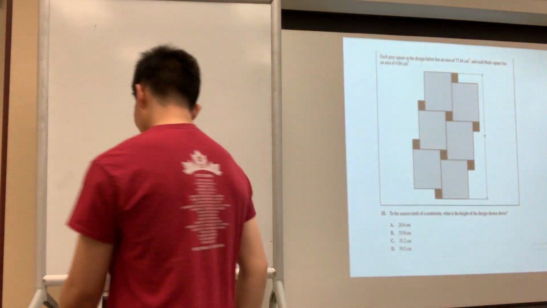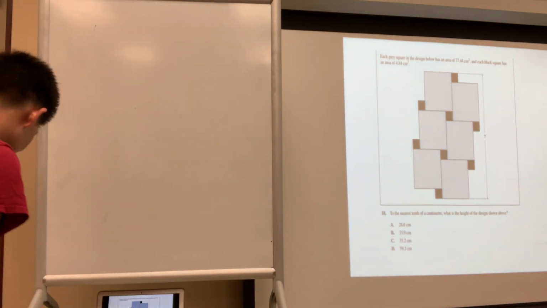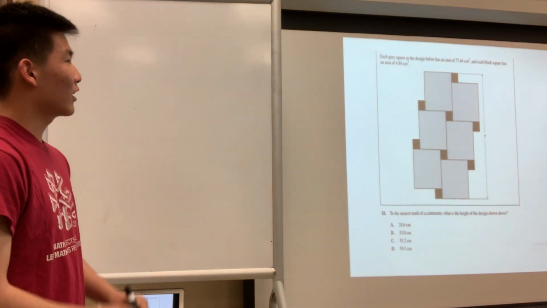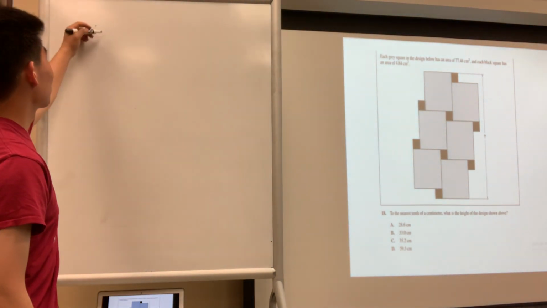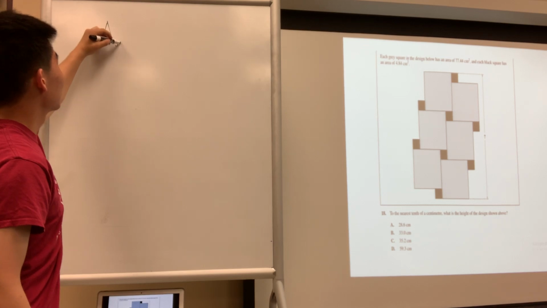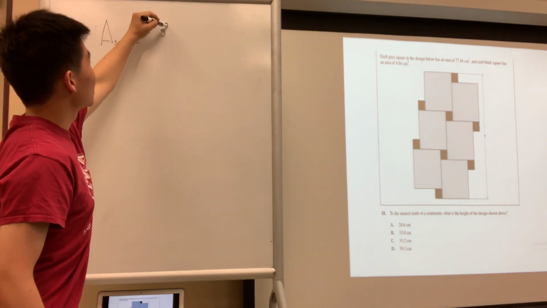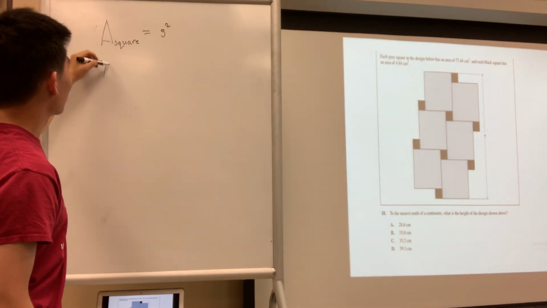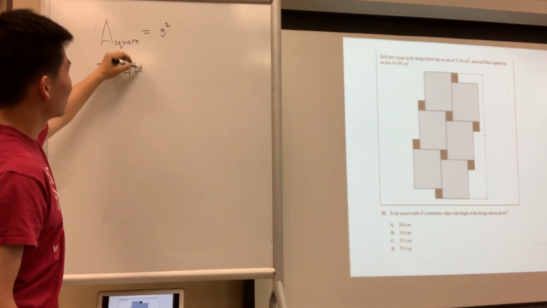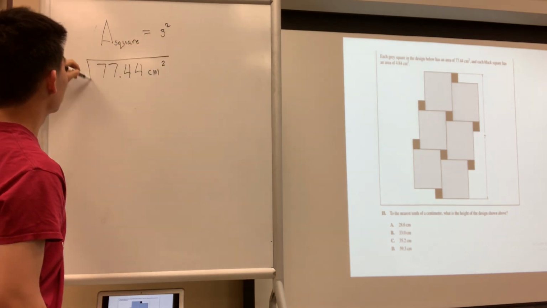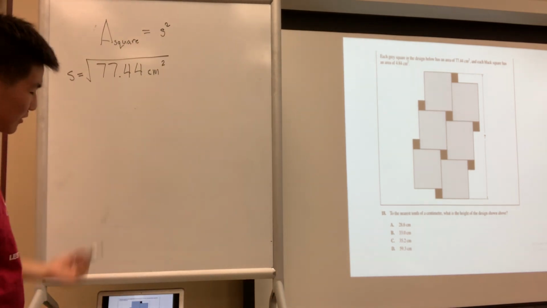So to do that, we have to use the good old formula for the area of a square. The area of a square is the side length squared. So if I had 77.44 centimeters squared, the side length is just the square root of that.